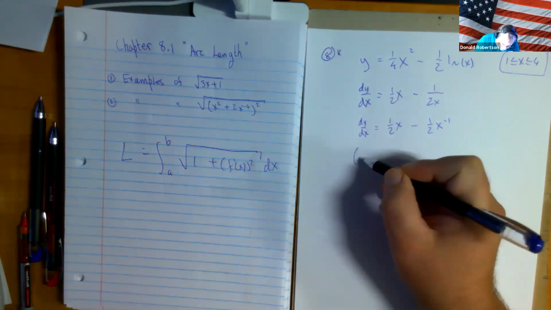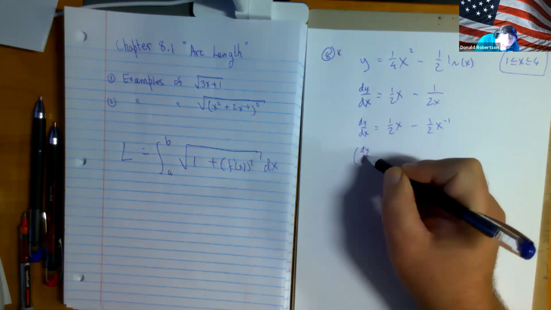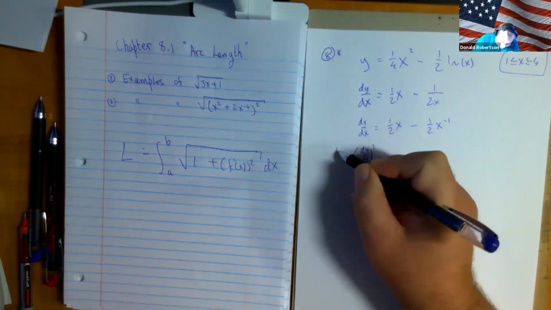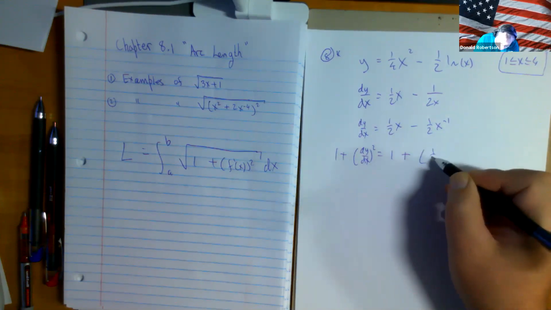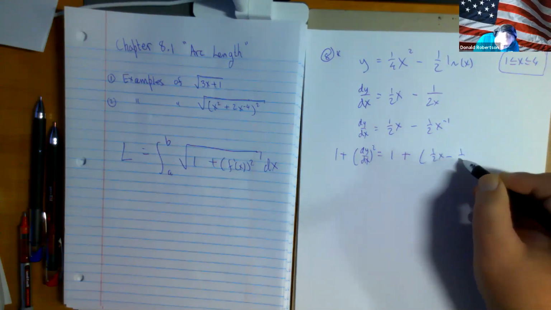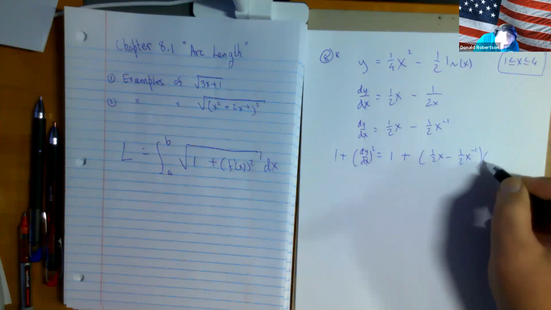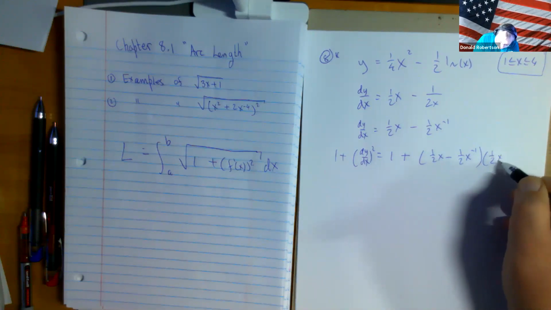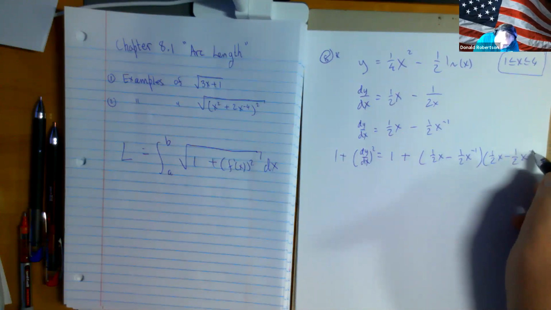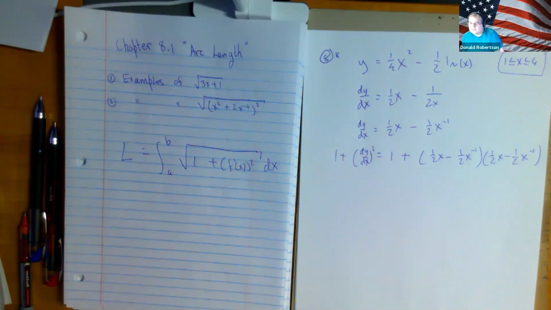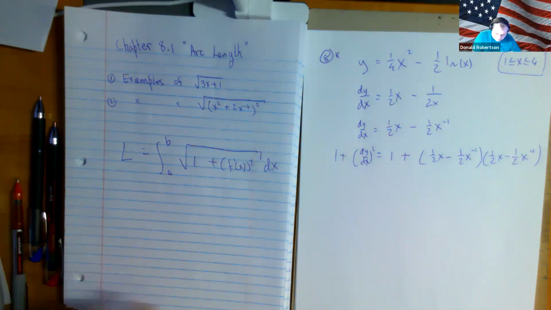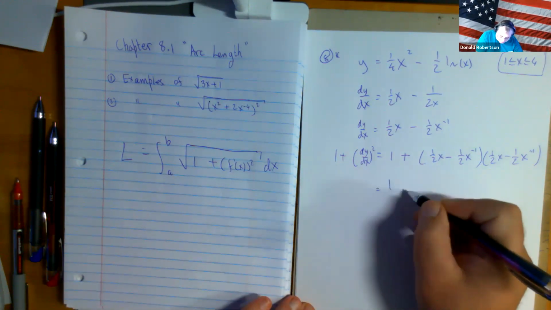Now I'm going to square it and add 1. So that's going to be 1 plus 1/2 x, take away 1/2 x to -1 times itself. Are you happy with me skipping the line there and writing the square as its FOIL, and also sticking a 1 at the front?